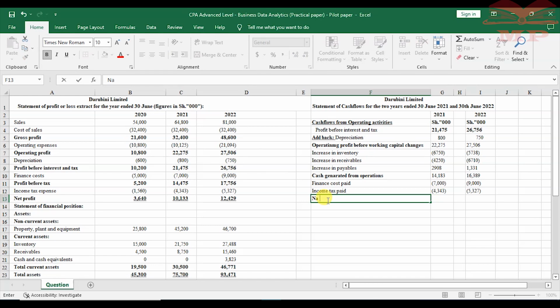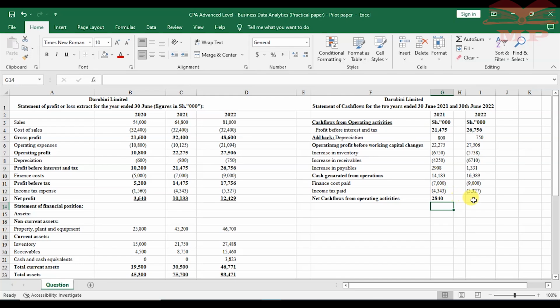This will give you the net cash flows from operating activities, which will be the aggregate of cash generated from operations plus finance cost paid plus income tax paid, and you get 2840.